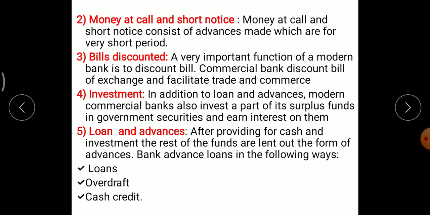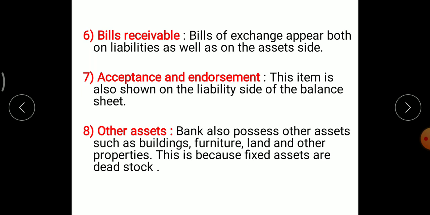Banks advance loans in ways like loans, overdrafts, and cash credits. The amount of loans and advances that banks make depends upon the condition of business and trade in an economy.